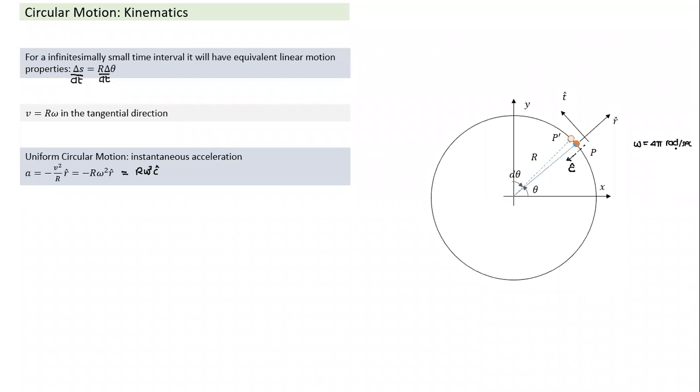So when we see omega, we should get a sense of the rate at which angular position is changing. If a fan is rotating, every point on the fan other than at the center will have the same value of omega, though they may have different values of velocity. Velocity will depend on the distance. The one which is farther away from the center moves faster, its speed is higher.